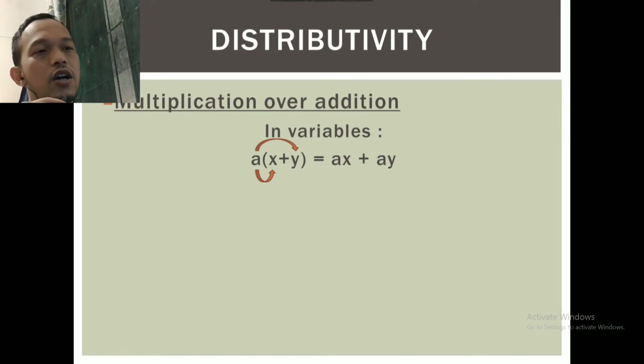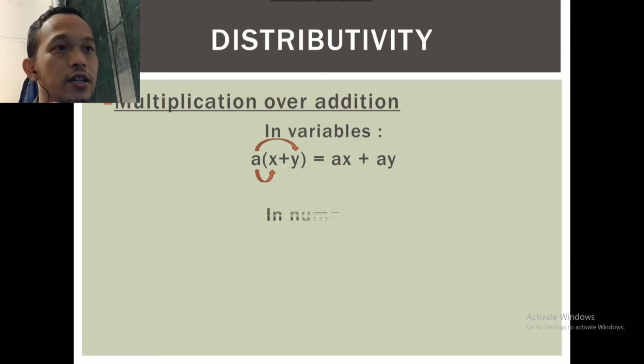This will not violate the order of operations, since the order of operations says that you have to prioritize everything inside the parentheses and then multiply by a. But by doing this axiom, it won't go against the rules of order of operations, since you can do the multiplication over addition.